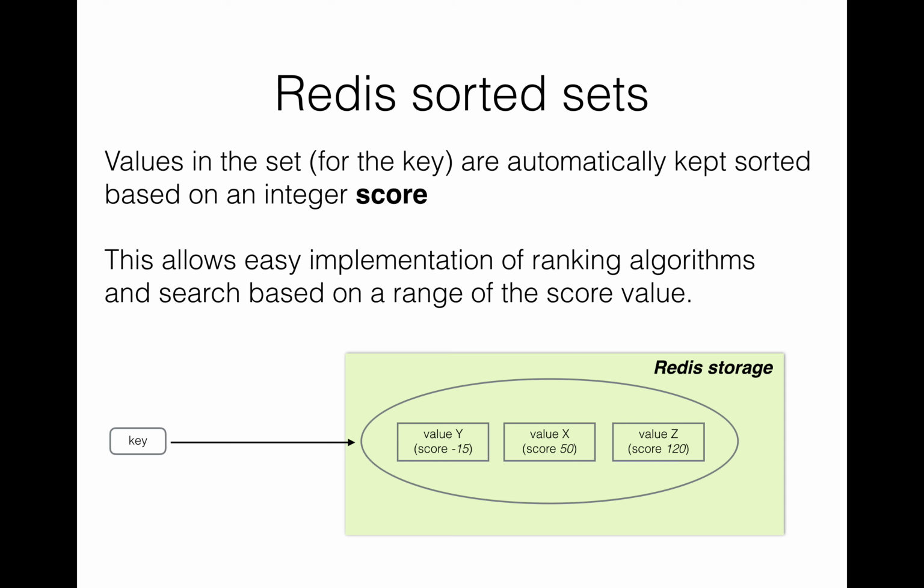That is useful because it allows us to have a ranking of the values, and also select based on the range of scores. And we'll see how we can use it in our case. There's even more functionality like streams, etc., but we're not going to talk about that here.